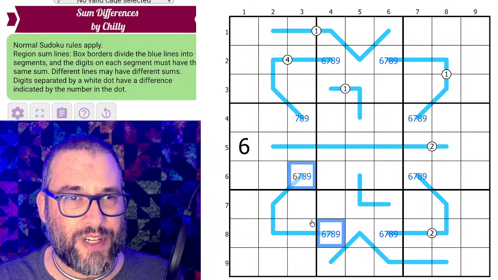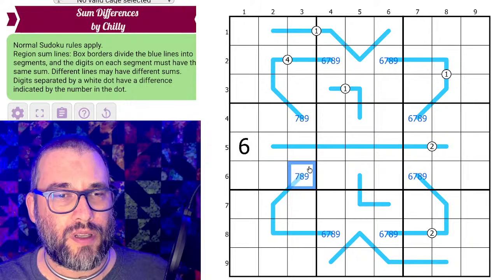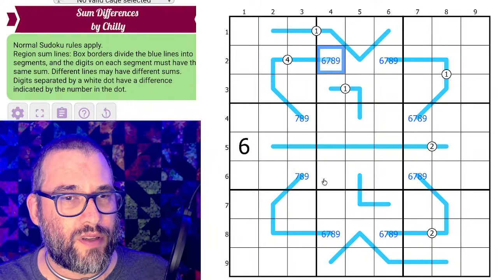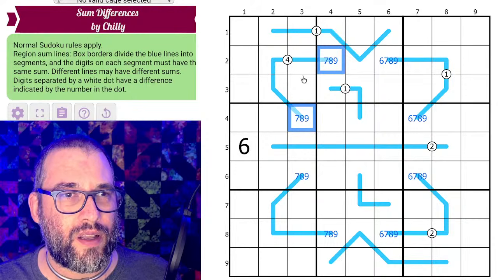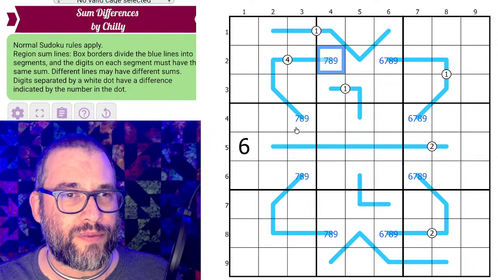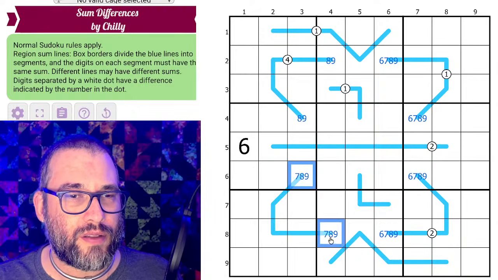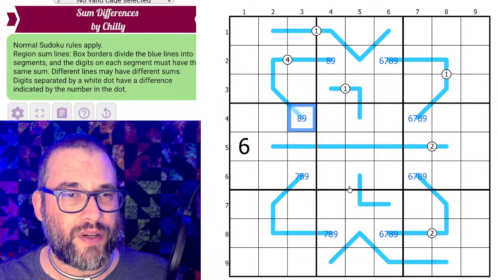These are 6, 7, 8, 9s. Let's see. 6, and these can't be 7 either, because this would have to be 1, 2, 4, but none of those are 4 apart. So these are 8, 9.